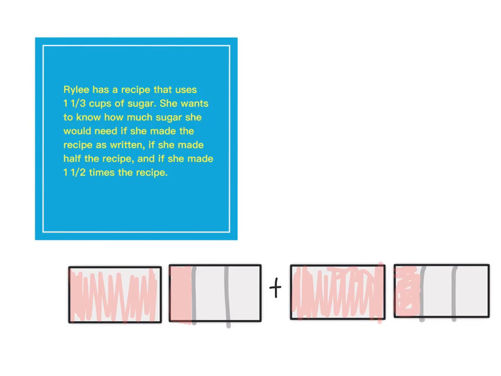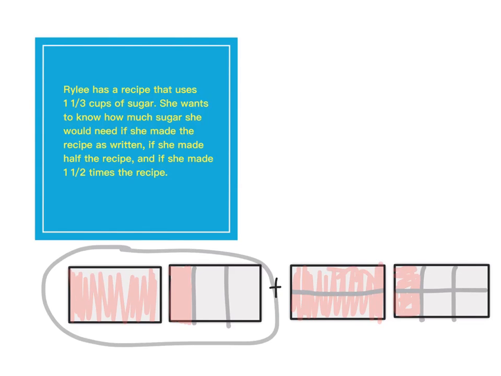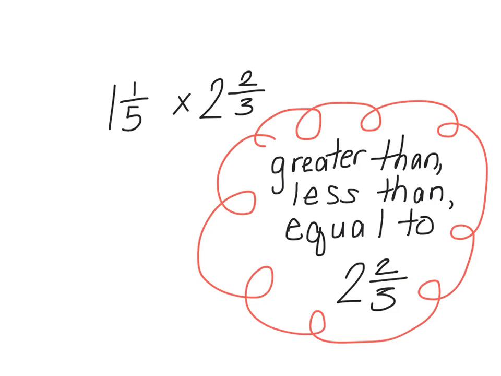She's going to use all of this one, and 1 1/2 of this one. So it's going to be more than 1 1/2. Or, sorry, 1 1/3. It's going to be more. When you multiply by a number greater than 1, your product is going to be greater than 1.